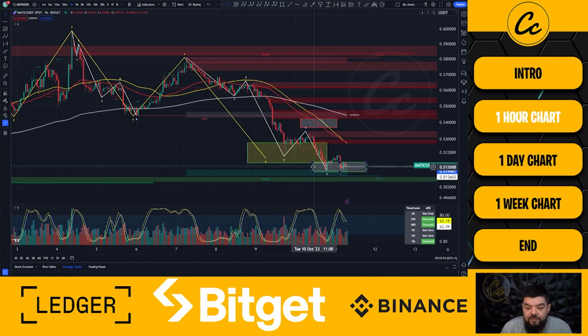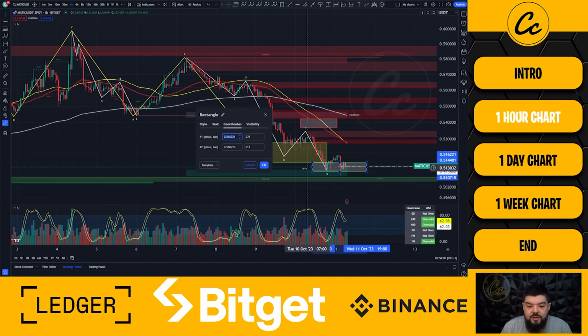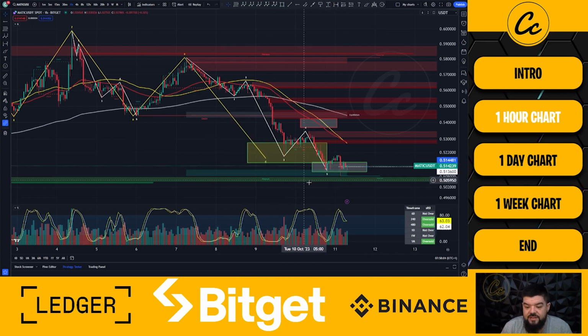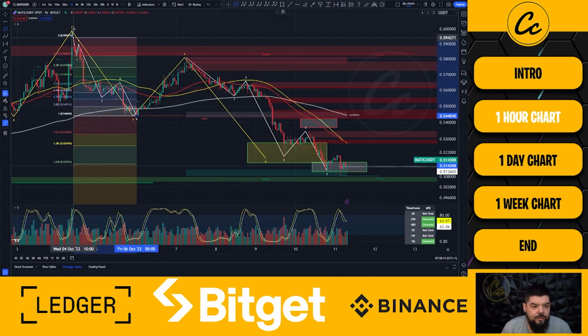We can see the 5th wave has come down to its target area between 51.62 cent and 51.07 cent, where we can see it's wicked down a little bit lower. So looking at the structure, it looks like it may just hit the 1.382, not going impulsive.